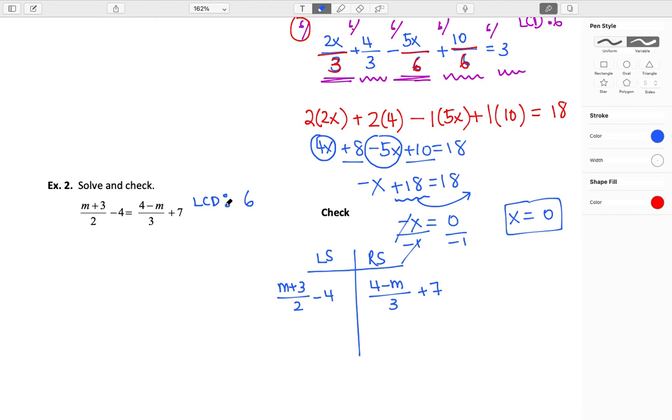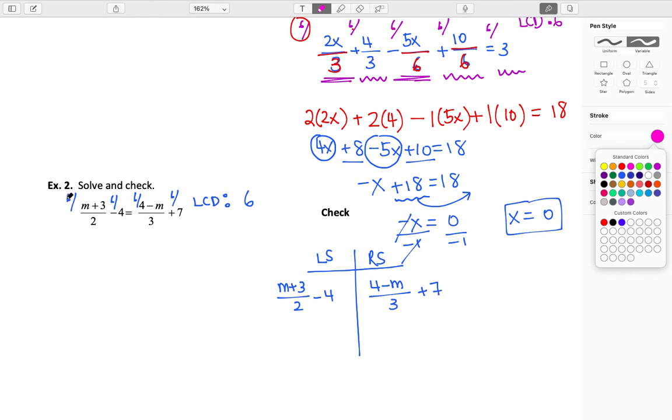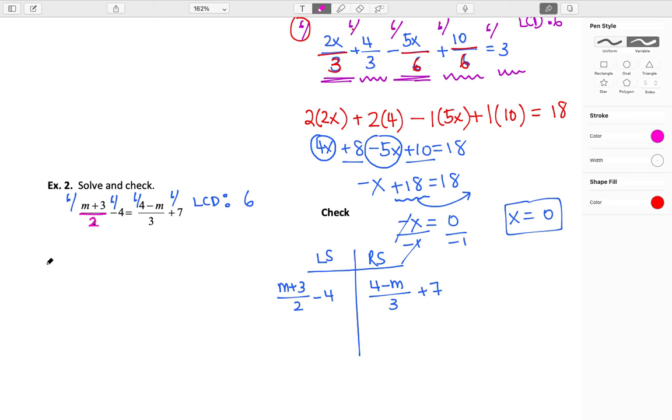So let's try finding the lowest common denominator. We did find 6, so I'm going to multiply everything by 6. When I do this, 6 divided by 2 is 3, and then don't forget the bracket, whatever is in the numerator, m plus 3. And then 6 times 4 is negative 24. 6 divided by 3 is 2 times whatever is in the numerator, plus 42 because there's no fraction.